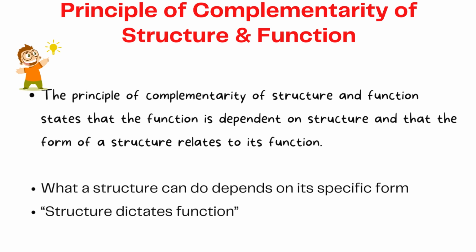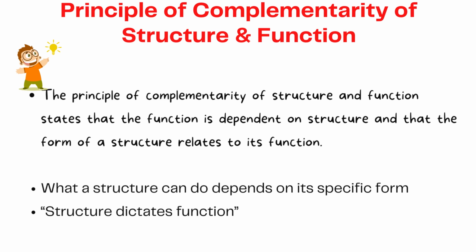So there is a way in which the structure complements the function. And this is defined under the principle of complementarity. So the principle of complementarity of structure and function states that the function is usually dependent on the structure, and that the form of a structure relates to its function.